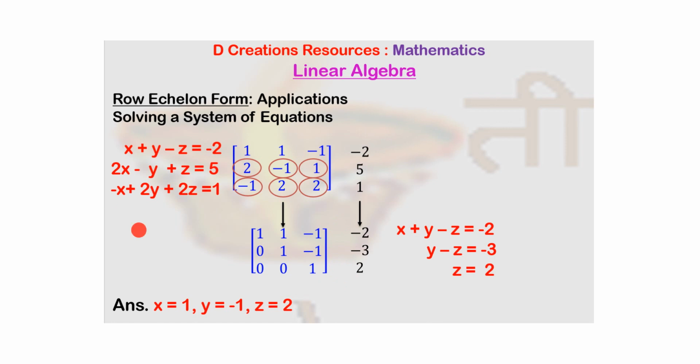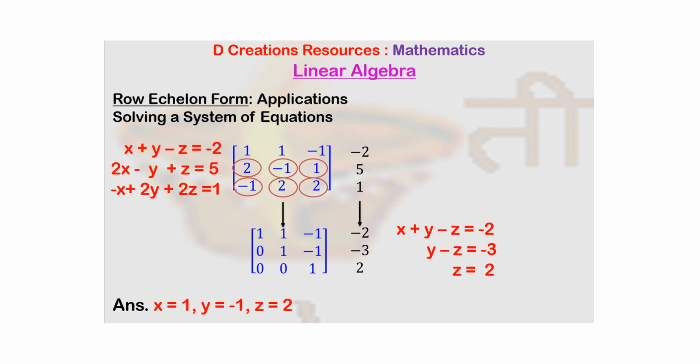These sets of equations you could have written as this matrix into the 3 by 1 matrix x, y, z equal to the 3 by 1 matrix minus 2, 5, 1. So the equations that we get are x plus y minus z is minus 2. Then here you can see it's 0, so there won't be any entry with x here.